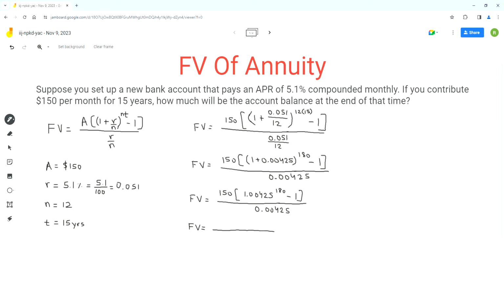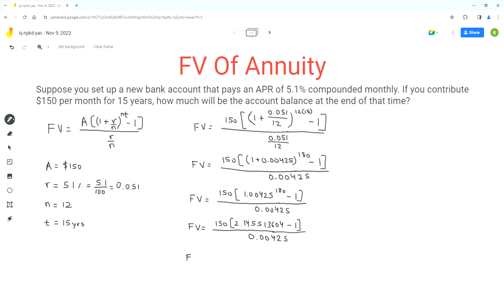We can evaluate 1.00425 to the power 180. So I get 150 stays the same. Now I'll keep the exact answer so that my final answer is exact. We should only round the final answer. So minus 1 over 0.00425.